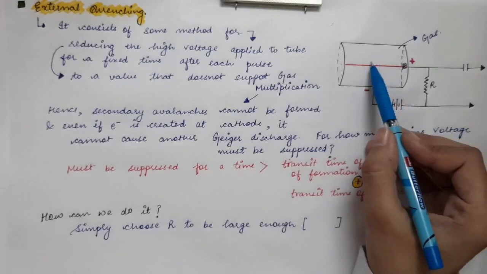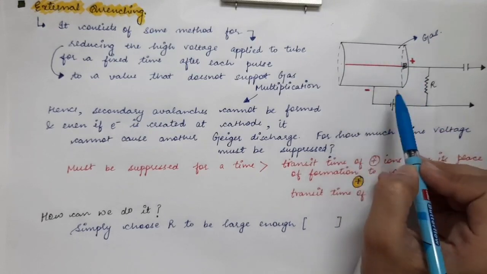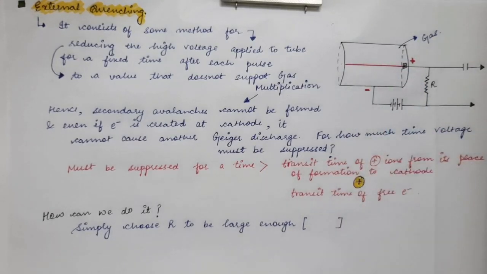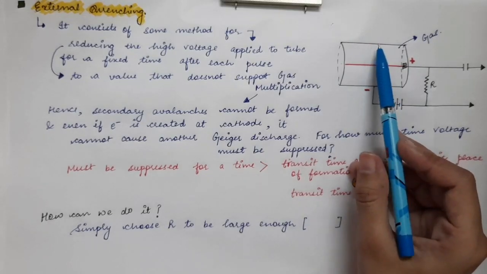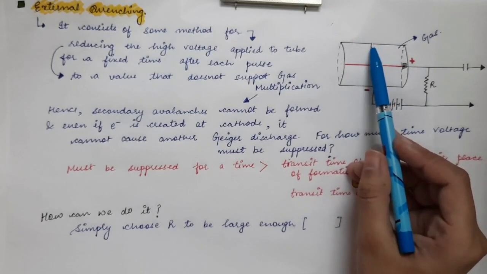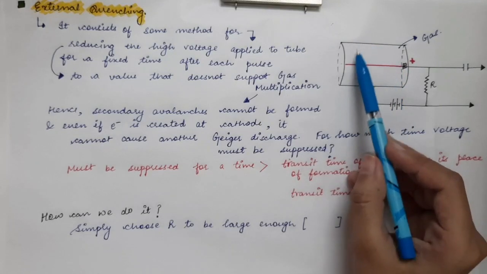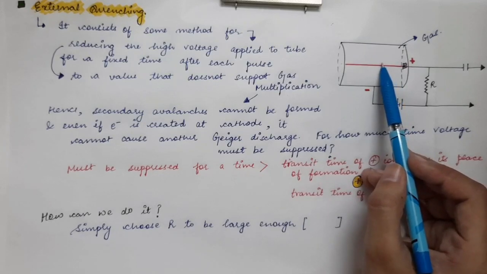If the positive ion is drifting towards the cathode and there is a high electric field, as we have said is present in a GM tube, then when these positive ions hit the cathode wall, they will hit with a large amount of energy, and in that process they will release an electron from the cathode wall.